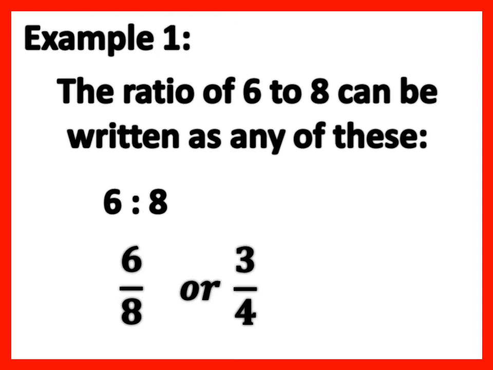So we can rewrite 6 over 8 as 3 over 4. And the simplest form is 3 over 4. So in ratio, 6:8 can be written as 3:4.